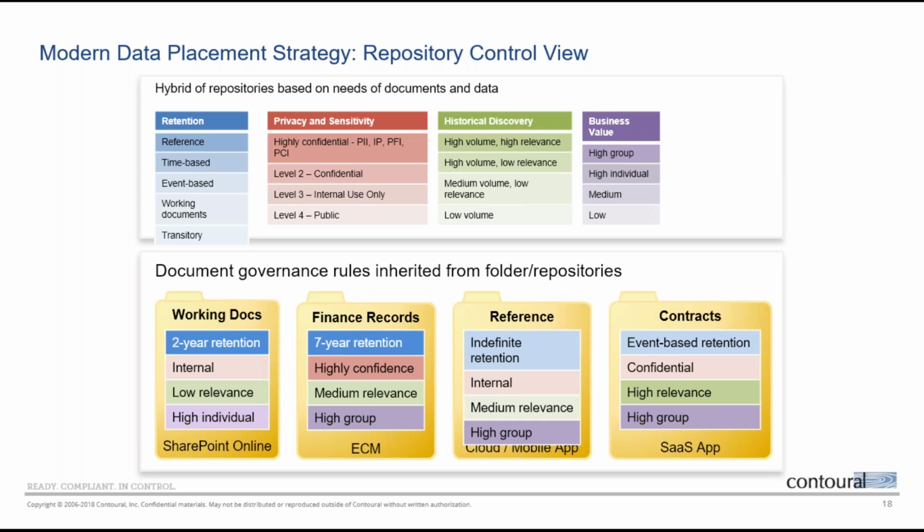The second piece is really privacy and sensitivity, and we have them grouped together for a reason. A lot of us might think of PII, PHI, privacy information as something completely separate from this concept of confidential, restricted, internal use, public, etc. That was originally developed for things like security and access, and for things like intellectual property.